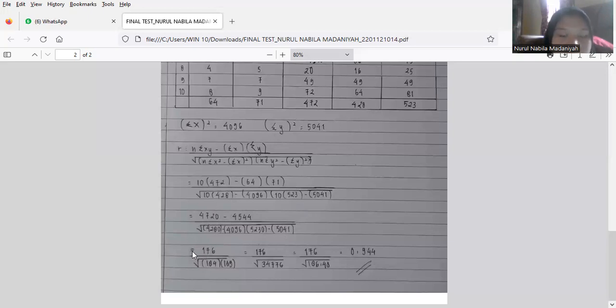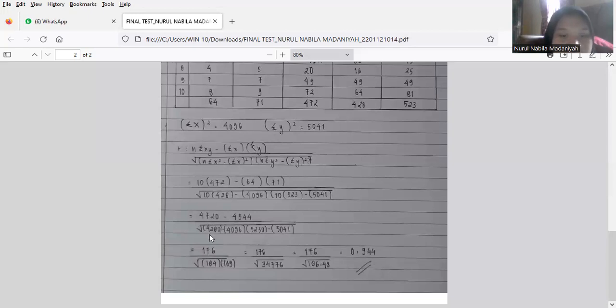And then for the next step, 4720, I minus it with 4544, I get 176 per square root of 184.